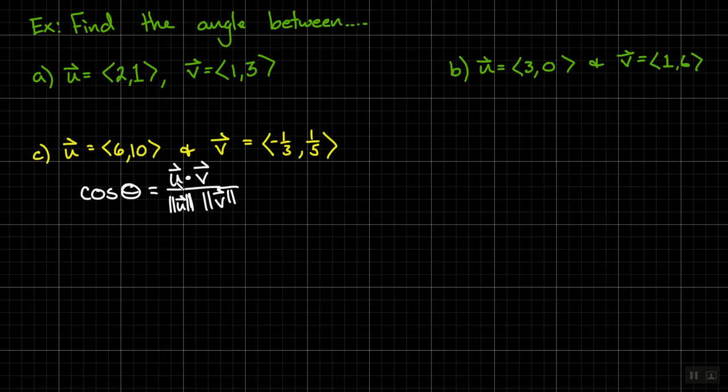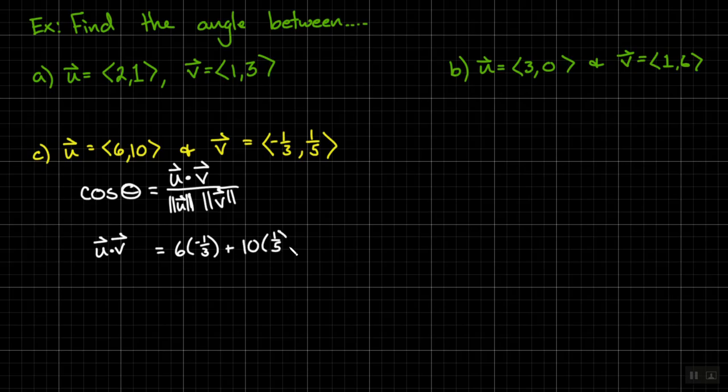Let's just work this one out. I don't remember how to do the dot product, which is kind of embarrassing. How do we do u dot v? I'm just going to do each part separately. Okay, I heard 6 whispered confidently. Times what? Negative 1/3 plus.